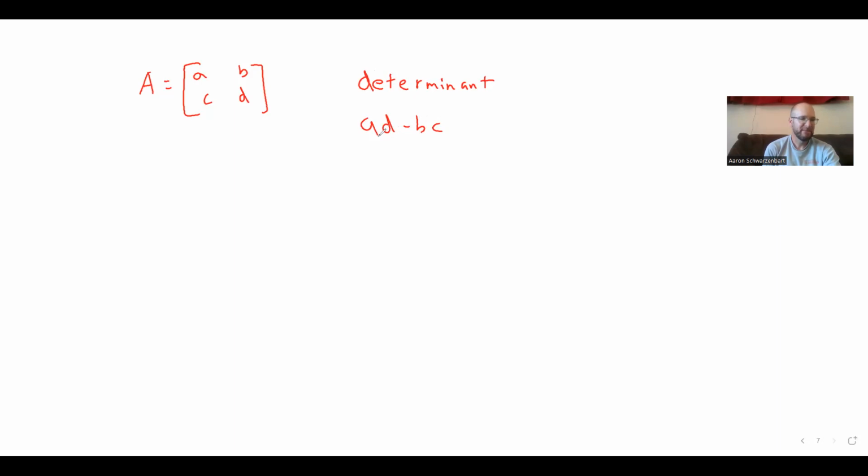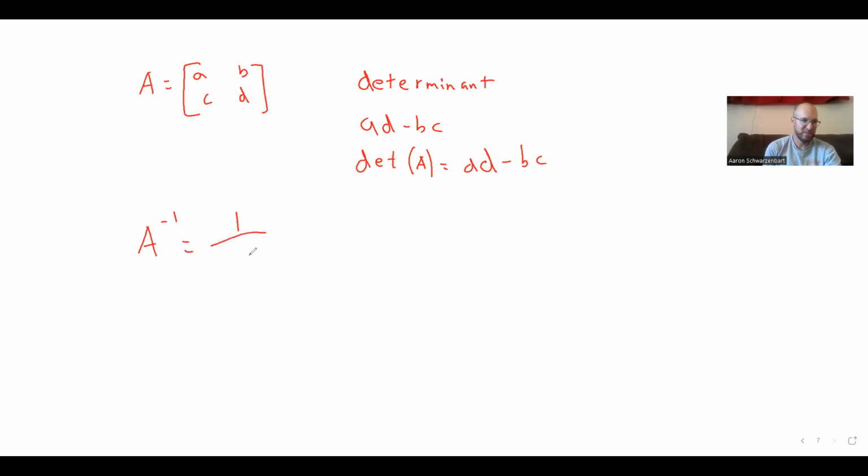We write that as determinant of A, and that is AD minus BC. The inverse is 1 divided by the determinant.